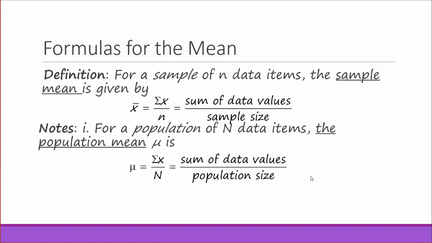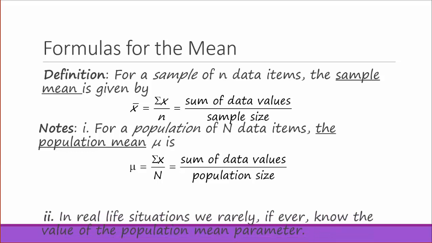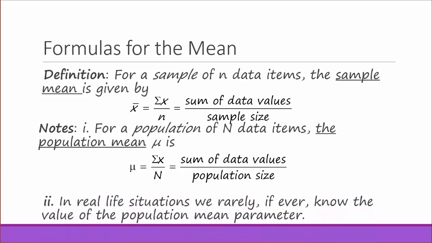It's simply the notation that's different. And the other important thing to remember is that in real-life situations, we often do not know the parameter of the population mean. We don't know mu, that parameter. And we're going to estimate that later on. We're going to talk about techniques where we can estimate the population mean given a simple random sample.